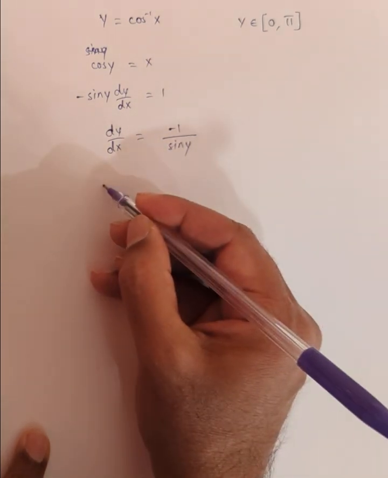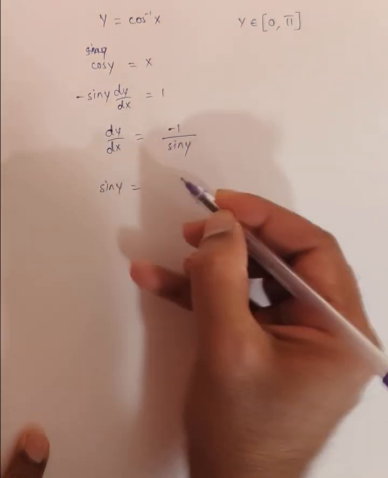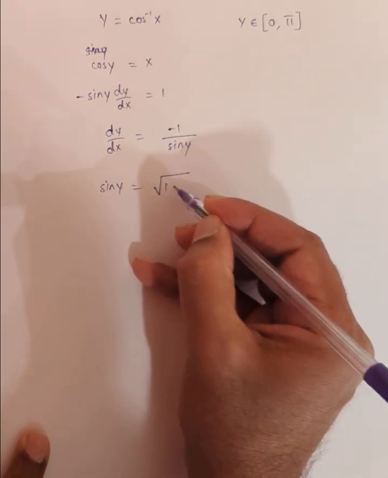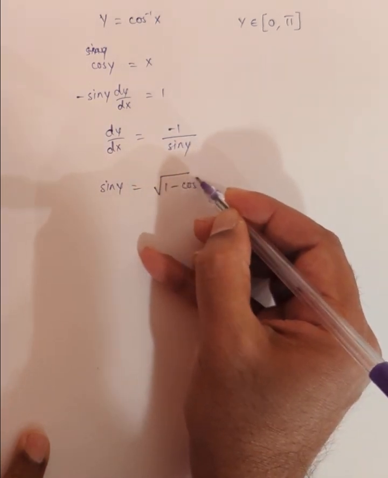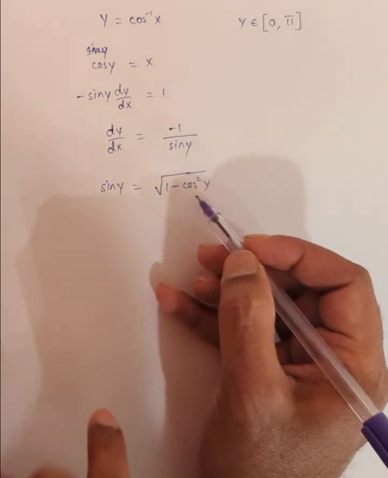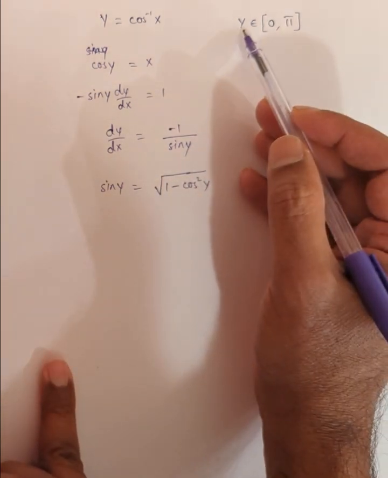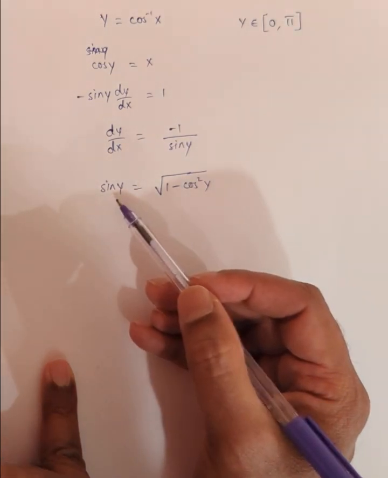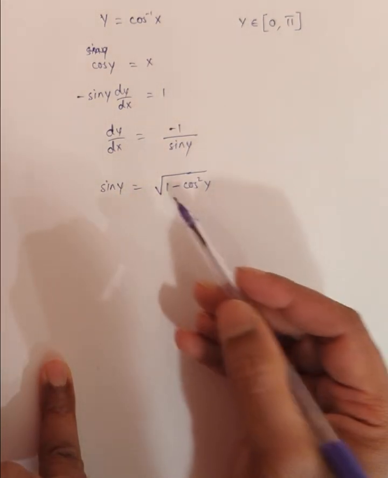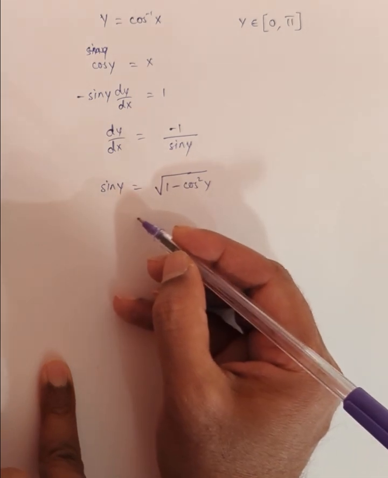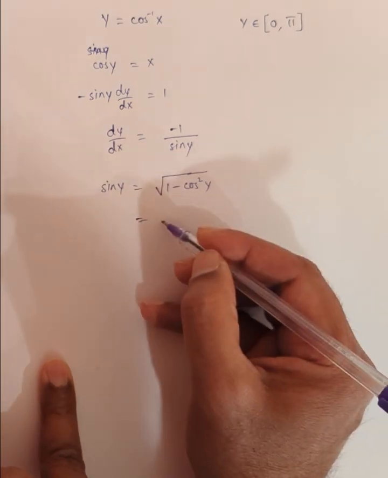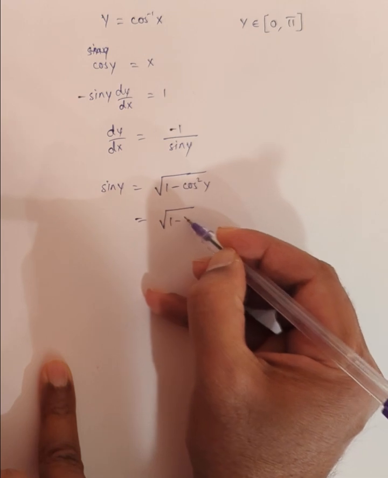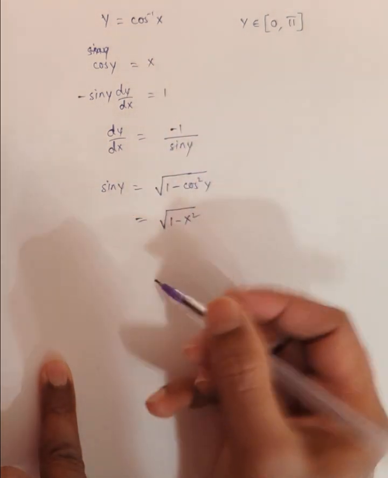And again, sine y is the square root of 1 minus cos square y. And again, this is positive because your y is either in the first or second quadrant, and sine is positive in both of those quadrants. So this is going to be the square root of 1 minus x square because cosine y is x.